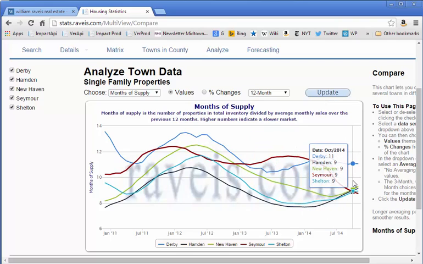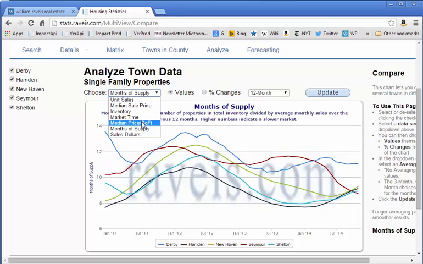So Derby has a high value of 11, not a good indicator for Derby going forward. Other towns are tied right around 9, which is a middling to decent number. So I would say at this point conditions are relatively balanced between buyers and sellers in the other 4 towns, and really favoring buyers a little bit more in Derby.